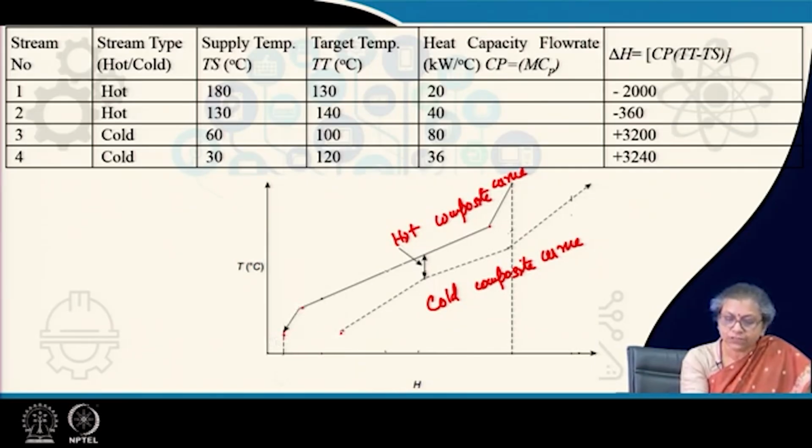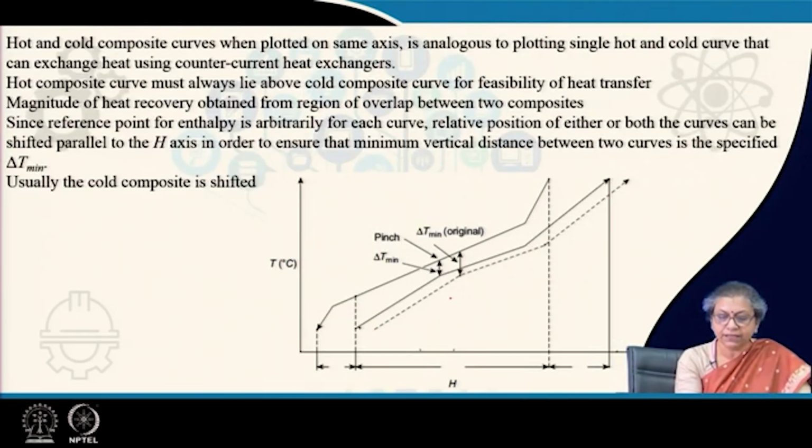So, therefore, what we do, once we have constructed them on the same curve, is keep the hot composite curve same and start sliding the cold composite curve. See here we have slid it; this was the initial position I drew and then I slid it till I reach the required delta T min for my problem, which for this particular case is 10 degree centigrade, and this is known as the pinch point.